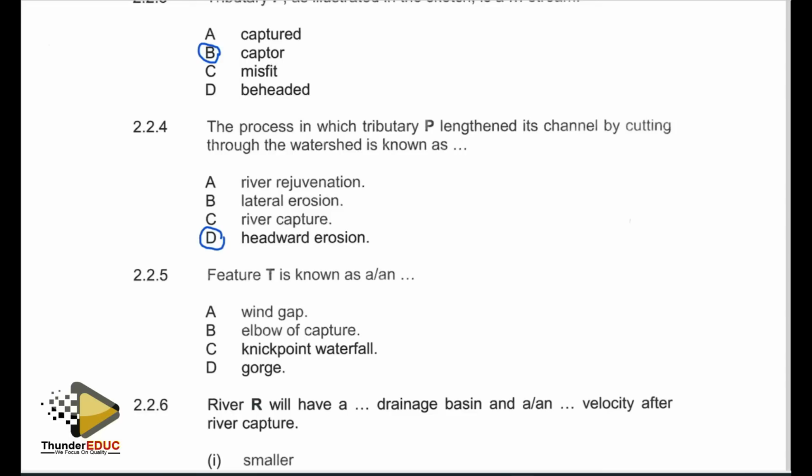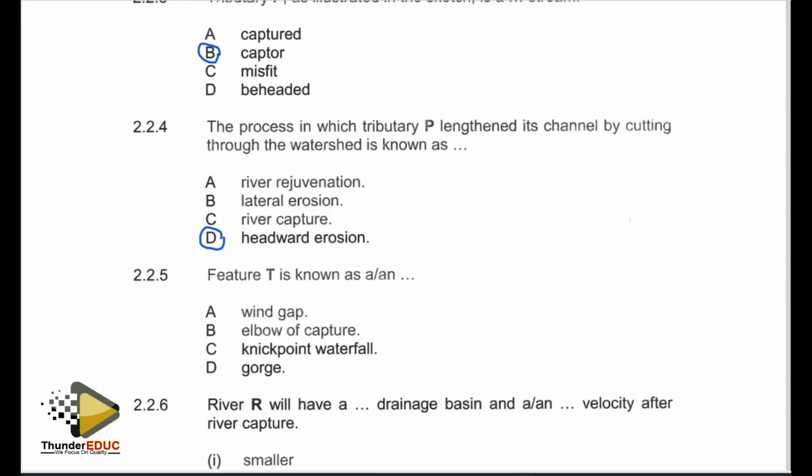Right, we have headward erosion. Headward erosion is responsible for lengthening the river channel, for making the river longer, which means it happens at the source of the river. The river source keeps on migrating towards the watershed. It migrates, meaning to say the length of the river will keep on increasing. That is headward erosion. Then we have vertical erosion.